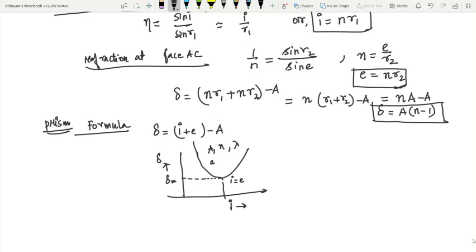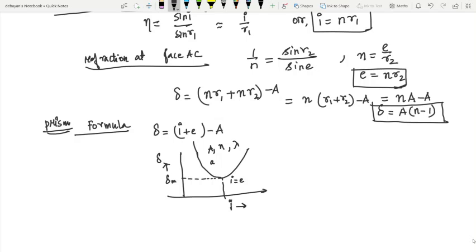So what I am saying is that from the figure, it is experimentally verified that as the angle of incidence increases, the angle of deviation decreases till it becomes minimum at a particular angle of incidence.